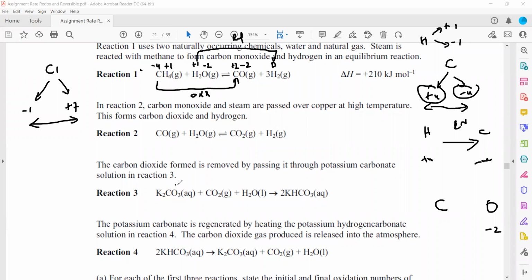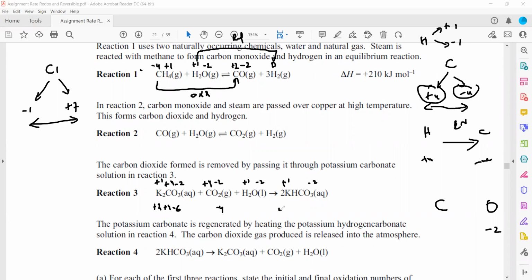For example, each oxygen is minus 2, so 3 oxygens will be minus 6. Each potassium is plus 1, so 2 potassiums will be plus 2, so carbon will be plus 4. Individual oxidation numbers I write at the top and the total at the bottom. In carbon dioxide, each oxygen is minus 2, so 2 oxygens will be minus 4, so the individual carbon should be plus 4. In water it is plus 1 and minus 2, and in potassium hydrogen carbonate, minus 2.